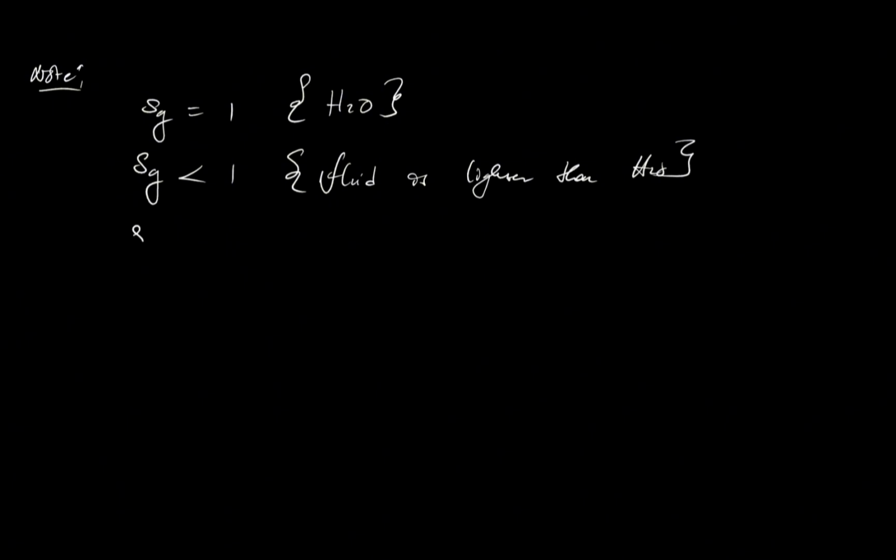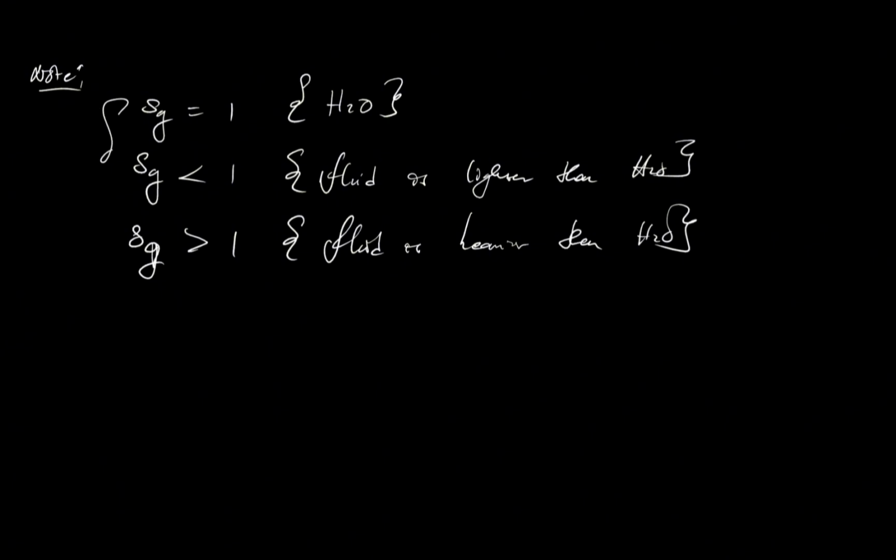Then, if the specific gravity is greater than 1, then the fluid is heavier than water. Just like that. These are just basic things you have to know about the specific gravity.